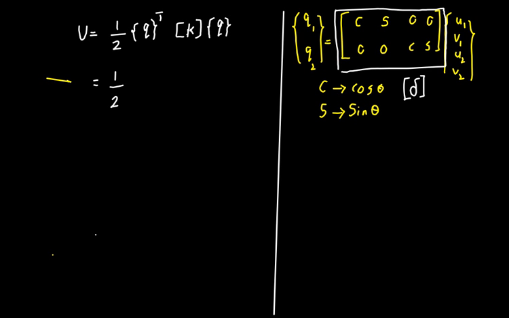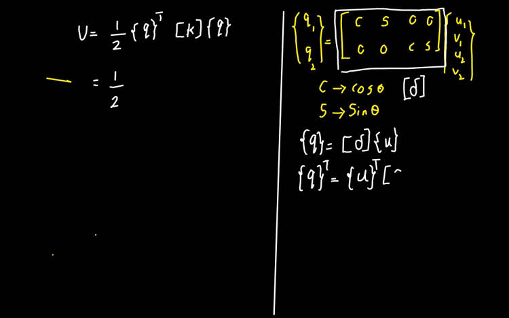So the Q matrix is equal to the transformation matrix del into the U matrix. Now I have to find Q transpose, which, without violating the matrix rules, should be U transpose into the transformation matrix del transpose. That's it. All right, so let me do that. The next step, here we go.